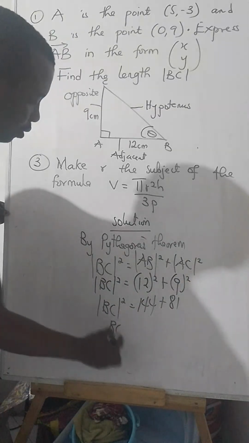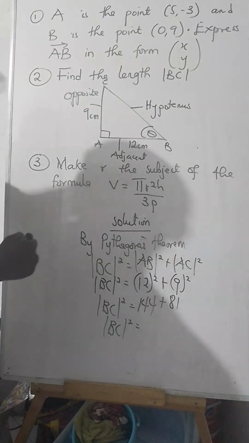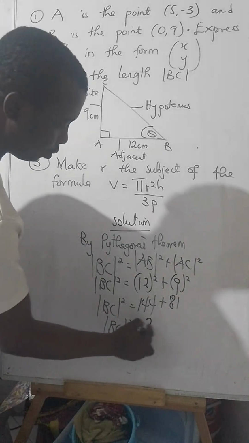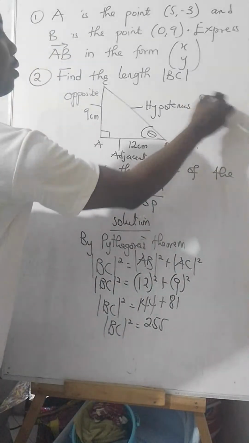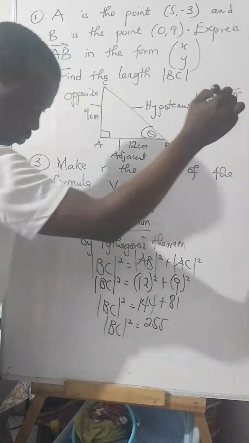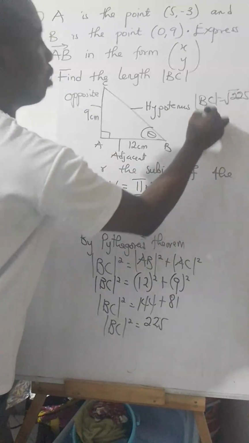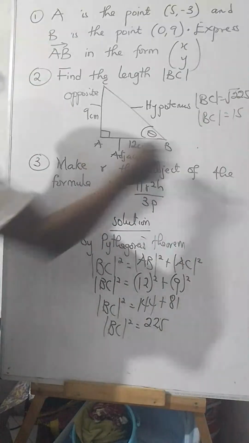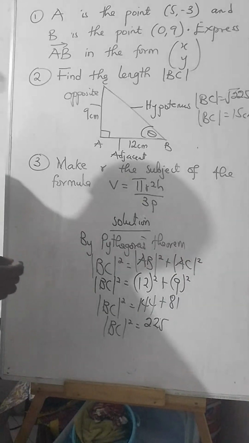So BC squared equals, when you add 144 to 81, 225. Sorry. So your BC will be the square root of 225. So that will be 15. So that is 15 centimeters. Right.